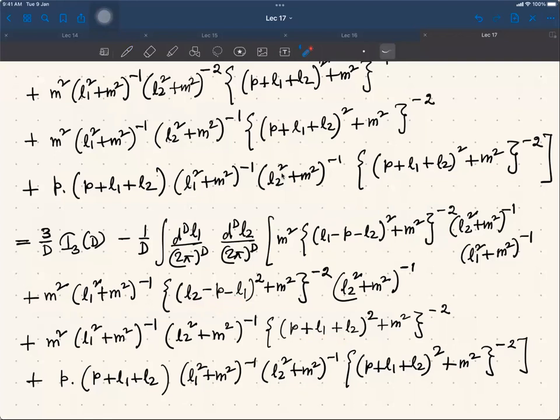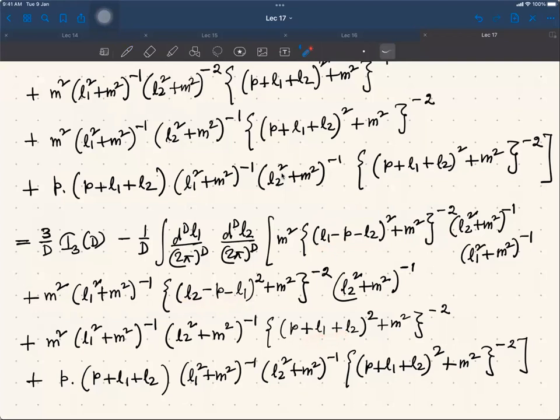Now I can always, since it's a square, flip the sign. So if you flip the sign, it will become P plus L2 minus L1. This will become P plus L1 minus L2. So these two terms will have minus L2 and minus L1, whereas we have both plus L1 and plus L2 in this term.